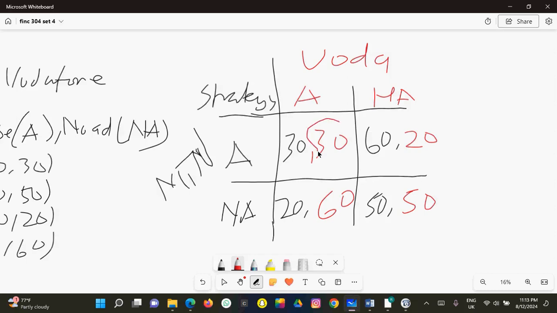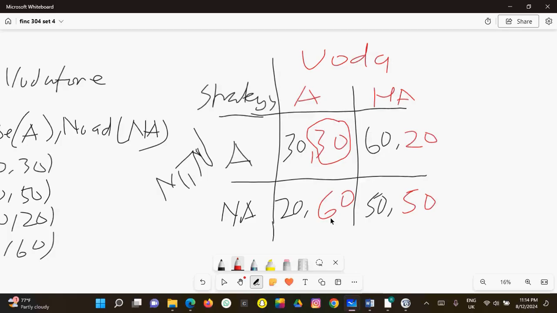I'm using the colors so that it will be easy for you to understand. And if Vodafone chooses not to advertise, it's 20. So now we choose the highest on that. The thing is that it's simple in the sense that if MTN chooses to do this, don't look at what MTN is doing, look at what Vodafone is doing.